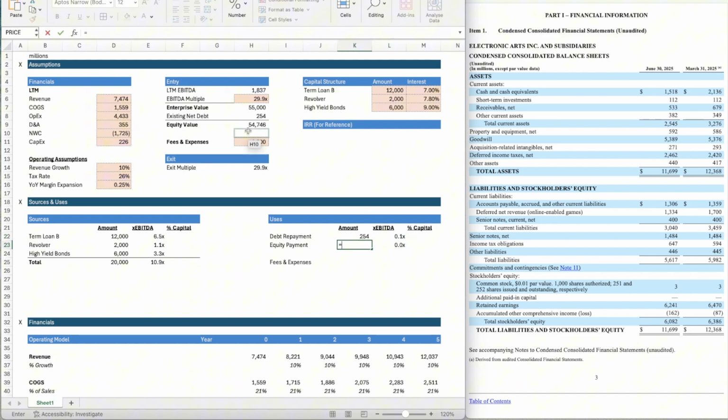Then the equity payment is the equity value, and that's the majority. And we know the fees and expenses are going to be about $1 billion on this deal.